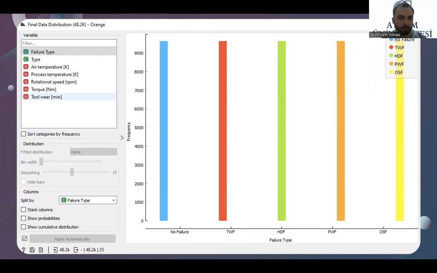They have 10,000, right? Yes, close to 10,000 right now, according to that graph.